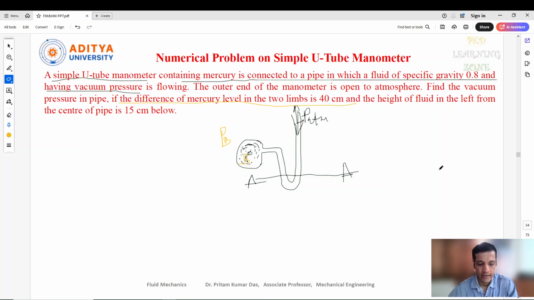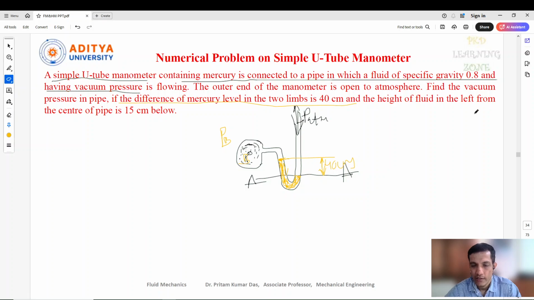So for this case again, we need to see the difference between these two levels. The two limbs differ by 40 centimeter. That means here also mercury is there, up to some height of this left limb. So let us draw this mercury level in this area. This is the height, which is 40 centimeter.